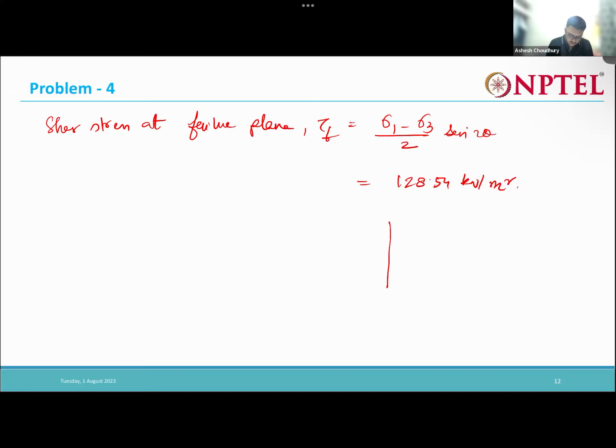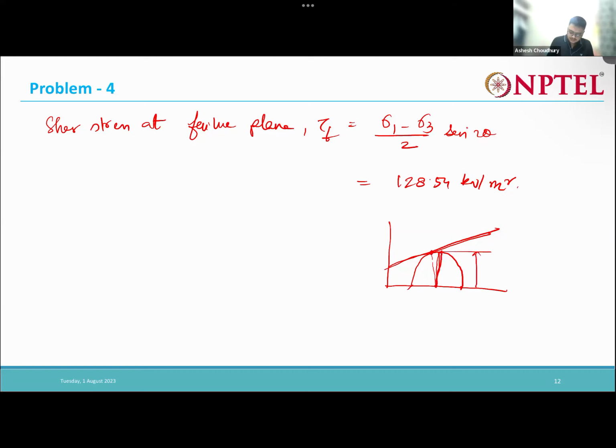So if we recall the Mohr circle, say this is the Mohr circle and this is the failure envelope. This is the point of the failure plane, right? And the maximum shear stress is actually the diametrically opposite point, at the center. This is the plane of the maximum shear stress.